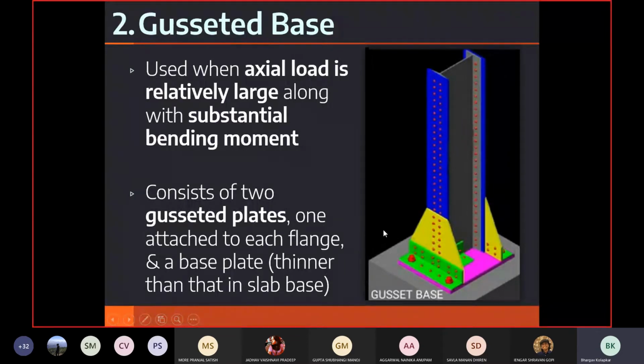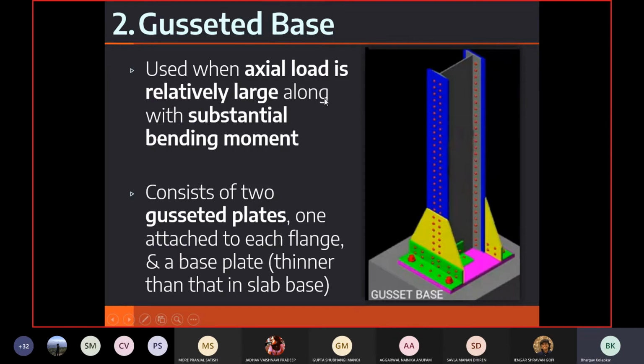So everything remains the same except that we have these two gusset plates, which provide additional resistance against bending moment. I don't want to get into the mechanism, but I just want you to understand and remember that whenever we have bending moment, we use what is called a gusseted base, wherein there are these two additional gusset plates, which help in transferring the additional tension and compression due to bending moment.